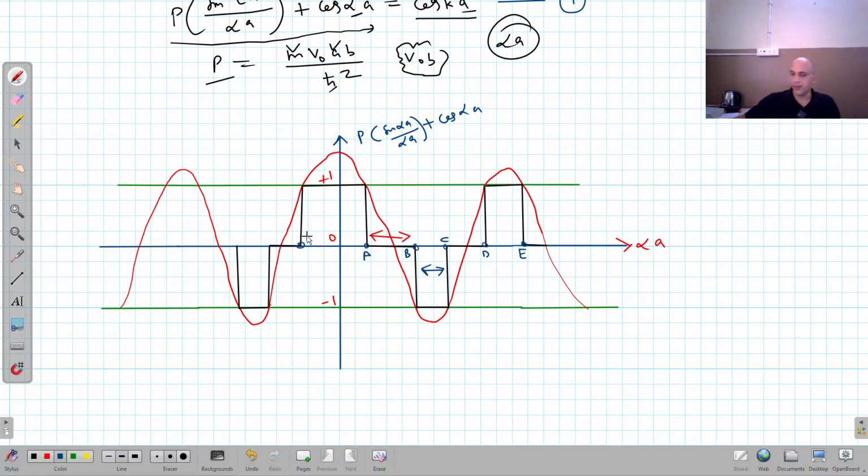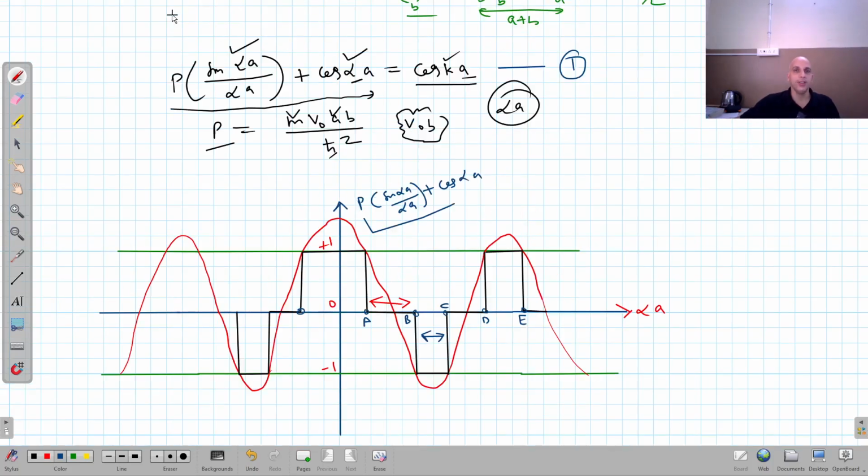Look at this graph that I have plotted between P sine of alpha a upon alpha a plus cos of alpha a, the left hand side of equation number 1, and alpha a. Now you look at equation number 1, because the right hand side is cos of ka, and we know very well that the maximum value of the cos is plus 1 and minimum value is minus 1.